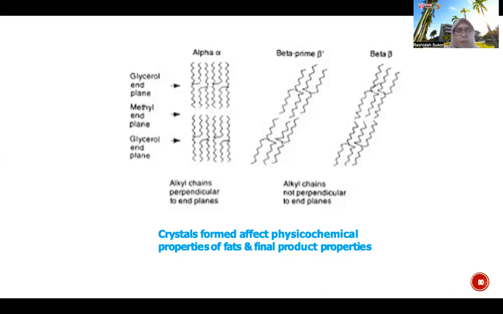Then he did antioxidant analysis, proximate analysis. So that means when you want to suggest a technology, you have to do the analysis part. All right.